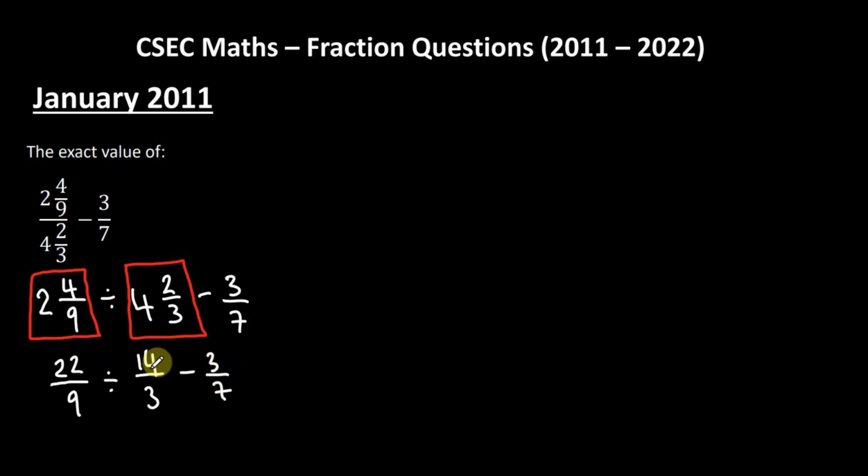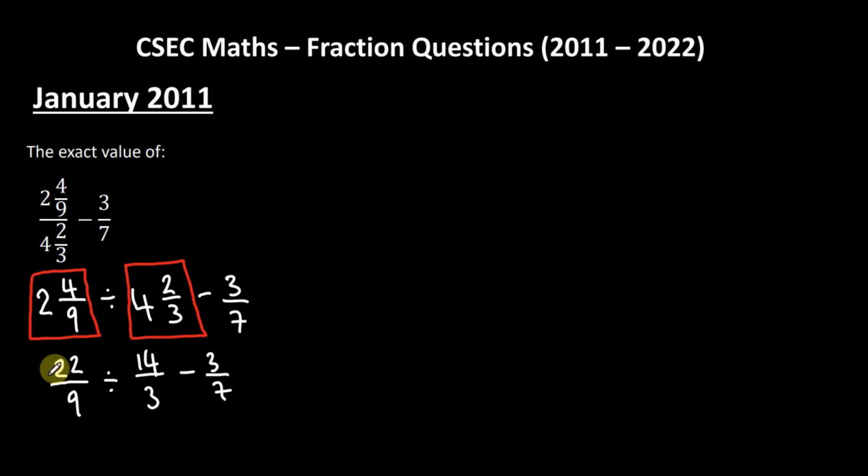And you're probably wondering why I keep saying 14 divided by 3 and not 14 over 3. That's really the correct way of saying it, because that's really what is taking place. So I'm just trying to use the appropriate language here.